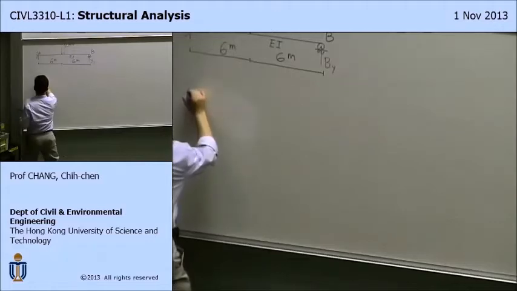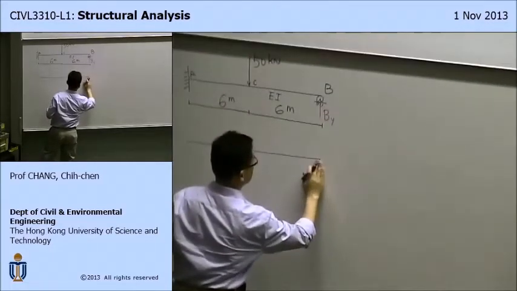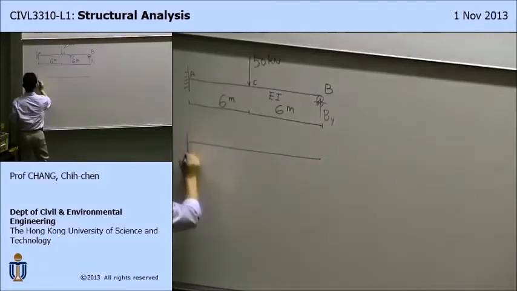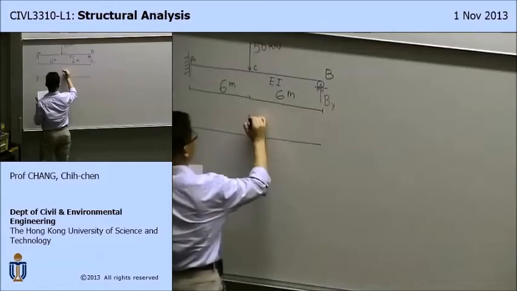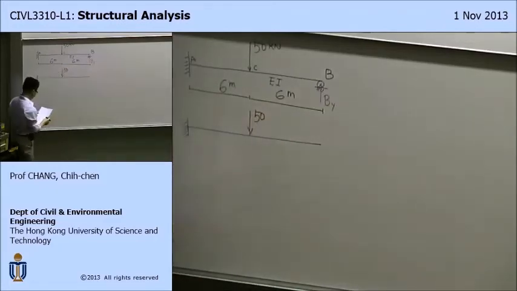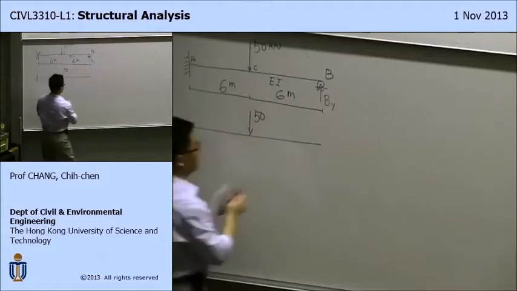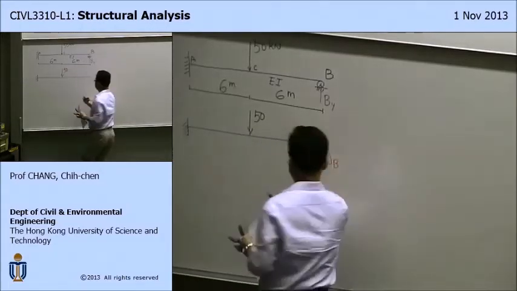First is removing the redundant force, having this force there, and calculate this delta B.